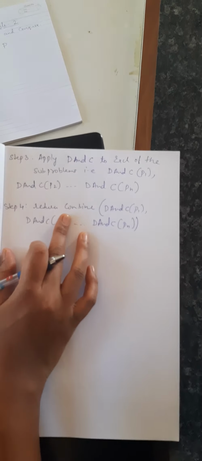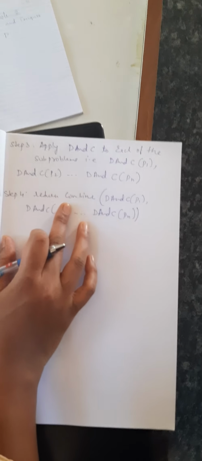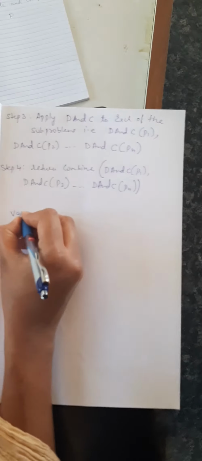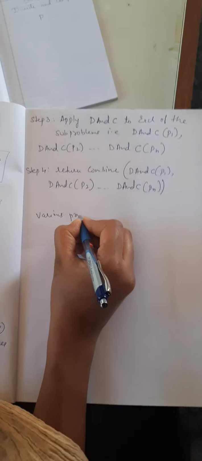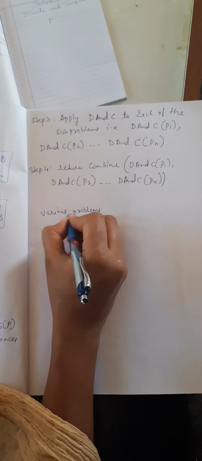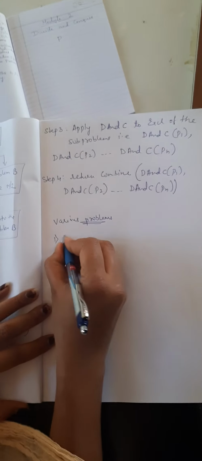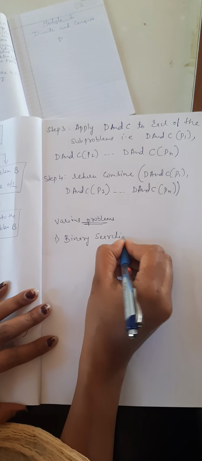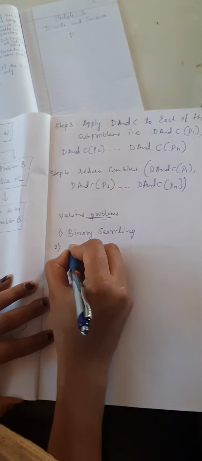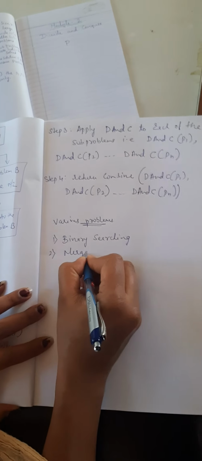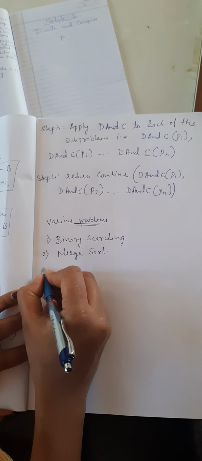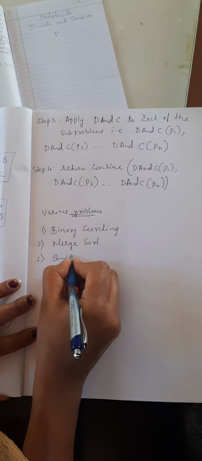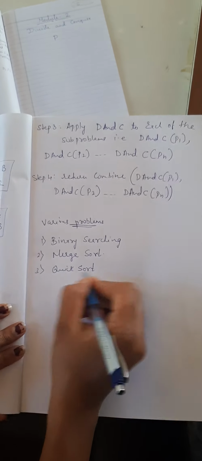Next we will see, means what are the problems that can be solved using divide and conquer. There are many approach or various problems that can be solved. First one is very known searching techniques, that is binary search. Next is sorting techniques, that is merge sort. Third one is quick sort.